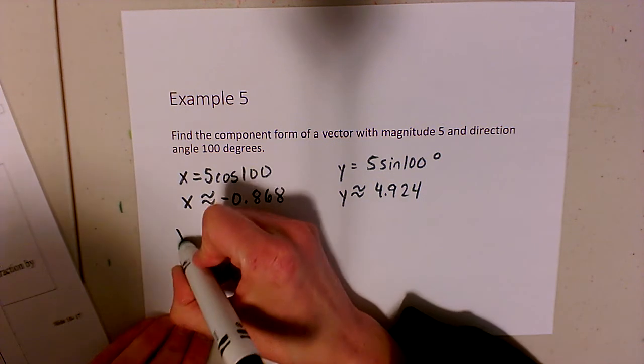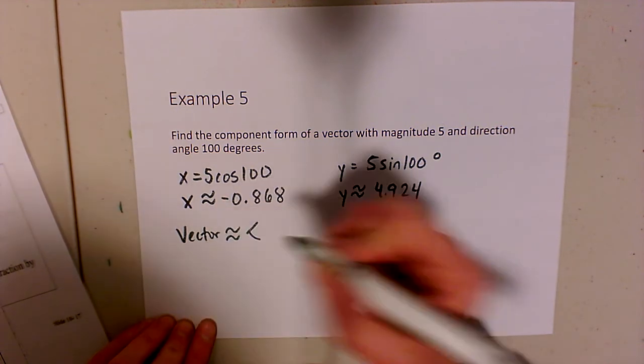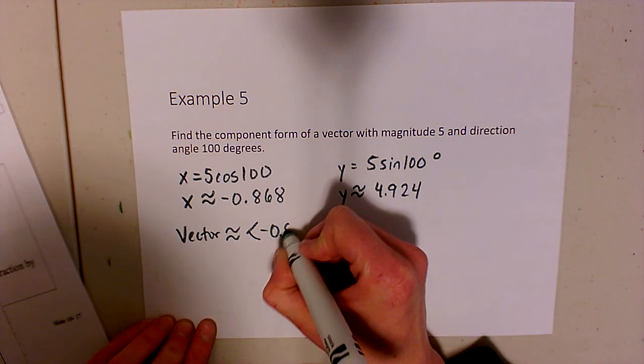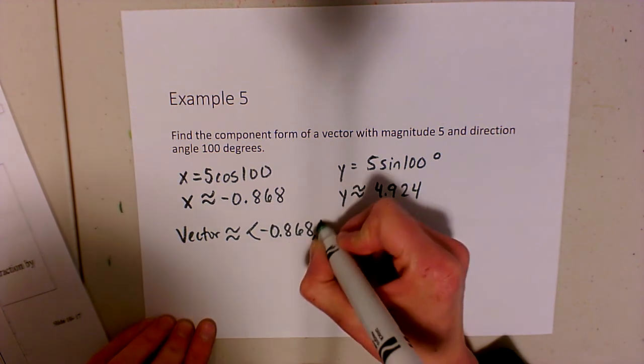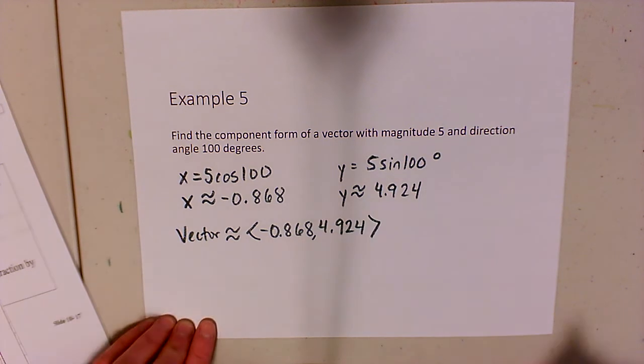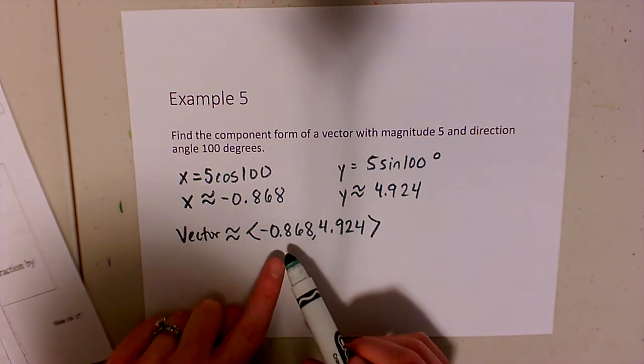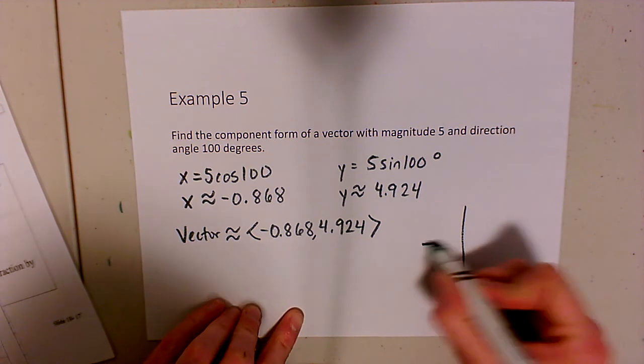So we would say that our vector is approximately negative 0.868, comma 4.924.